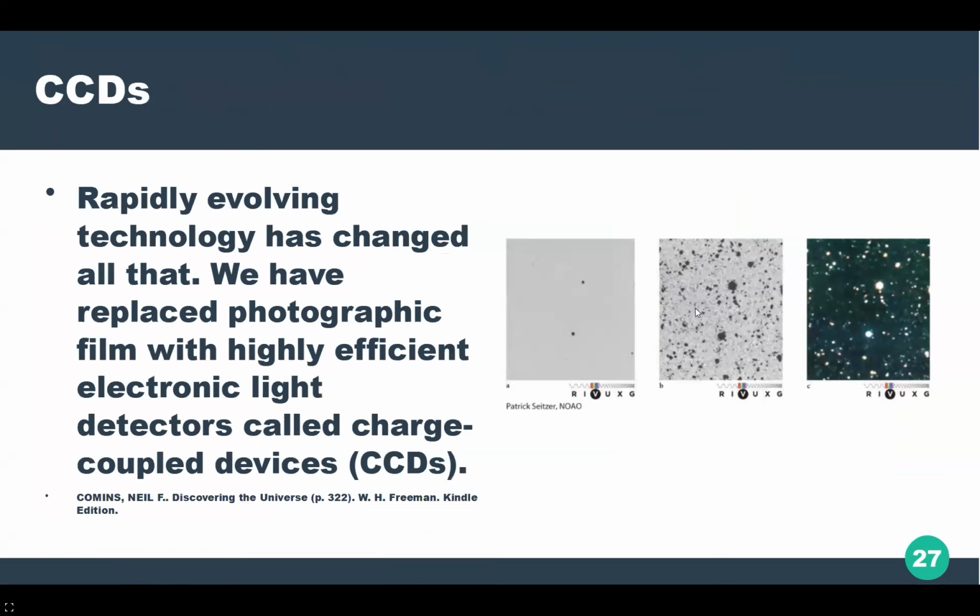We have replaced photographic film with highly efficient electronic light detectors called charge-coupled devices, which work as seen above: when a photon or a charge comes up to them, they make little marks which you can then use to tell how much light has hit a specific part of the CCD, coming from a specific area of space.